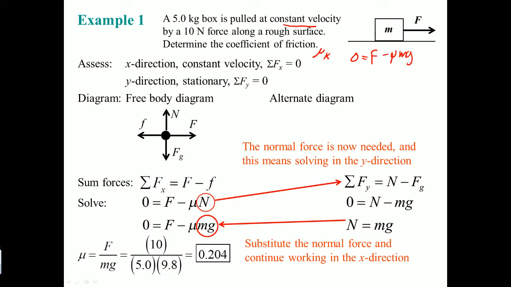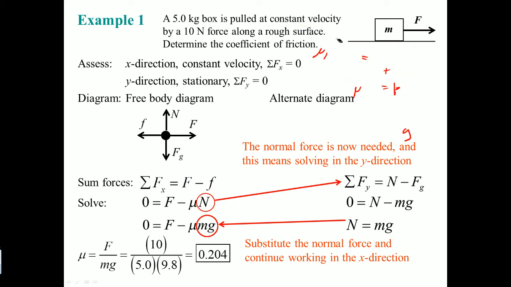So add mu mg to both sides. You get mu mg equals F. Then divide by mg. So you get mu is equal to F divided by mg. That's how they got here. That's just the algebra if you care. Plug it in. You get your answer.